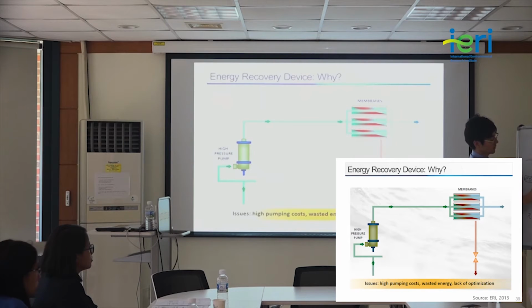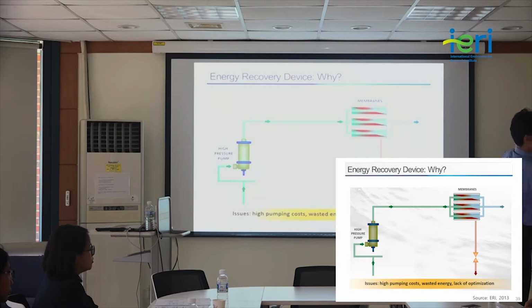in addition to this part, if you just look at the reverse osmosis system, what's happening is, that's feed, that's brine, and that's product. Assuming that we have 40% recovery, that means we have a feed of, let's see, 100 cubic meters per day, brine is 60 cubic meters per day, and product is 40 cubic meters per day.